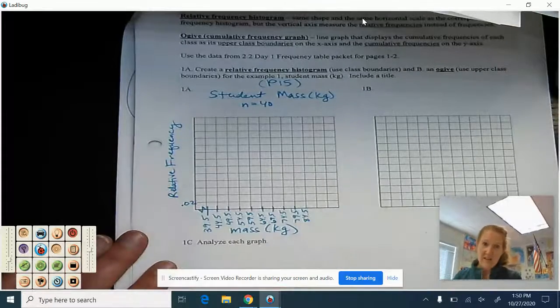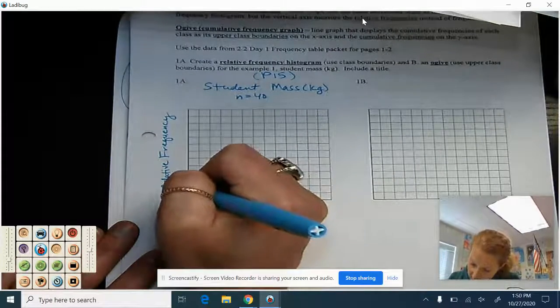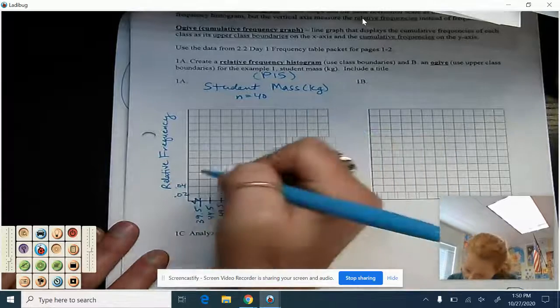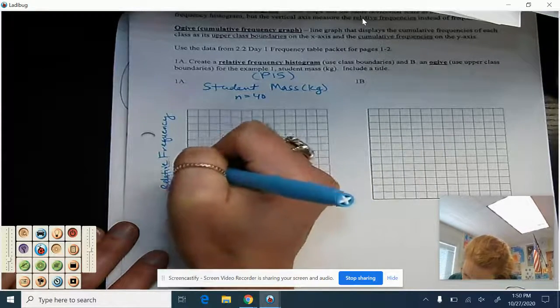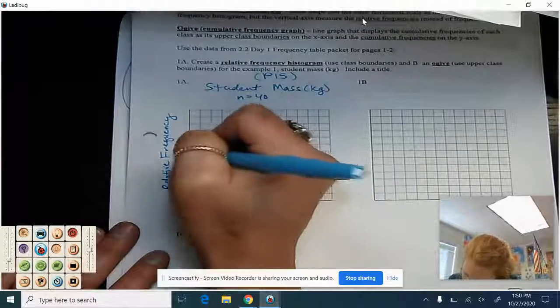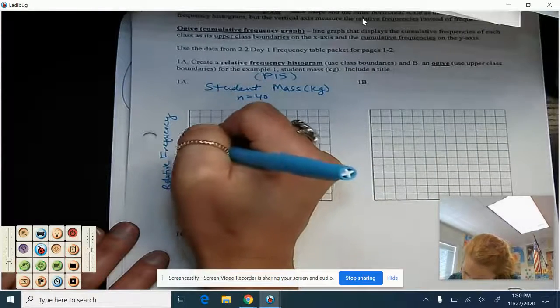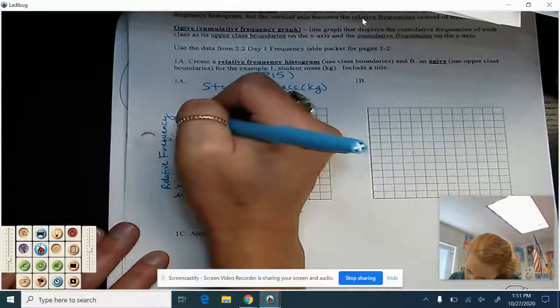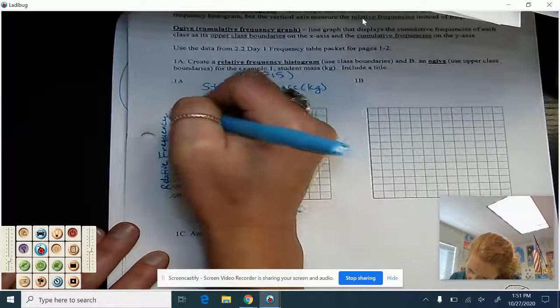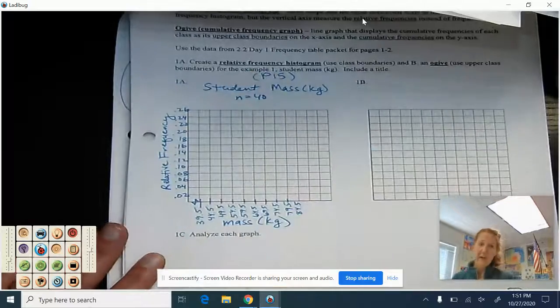That's going to be 0.02, 0.04, 0.06, 0.08, 0.10, 0.12, 0.14, 0.16, 0.18, 0.20, 0.22, 0.24, and 0.26.